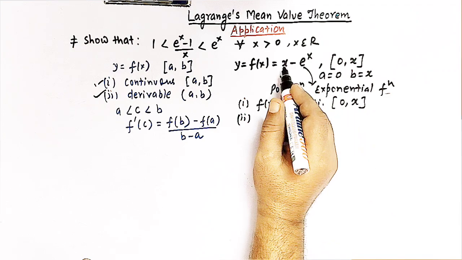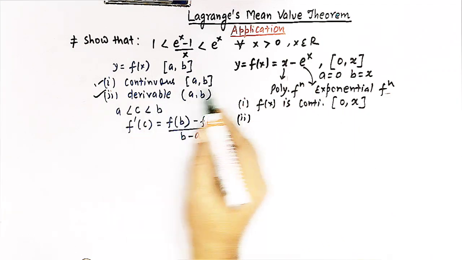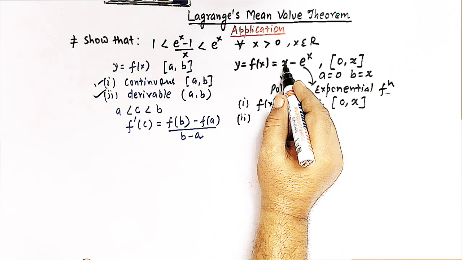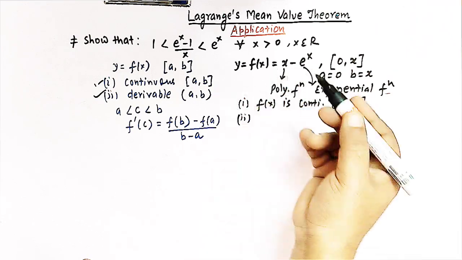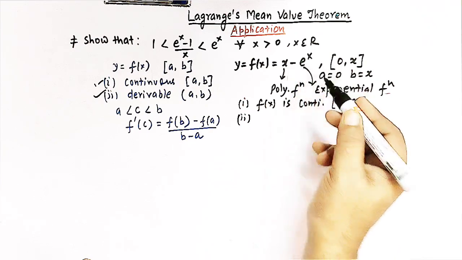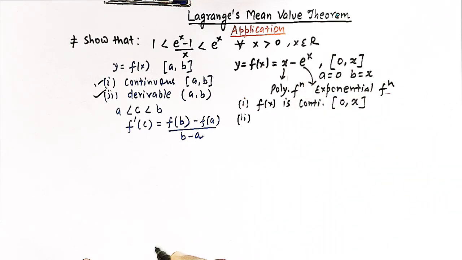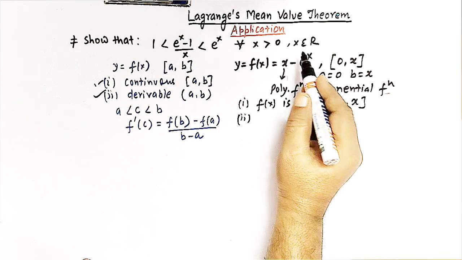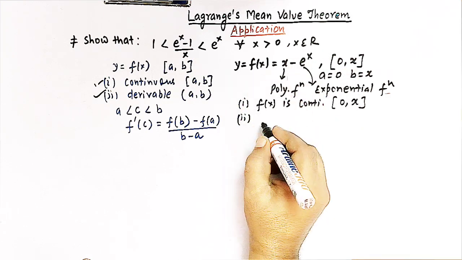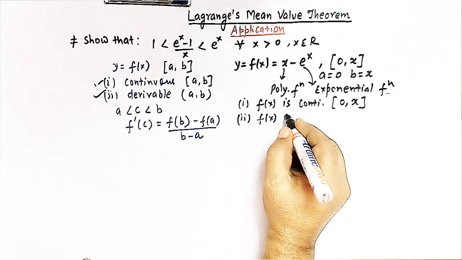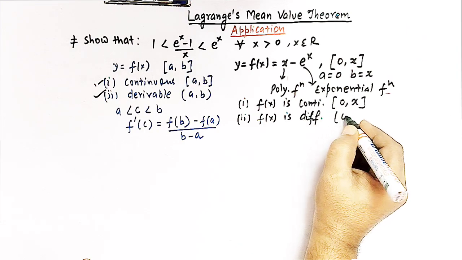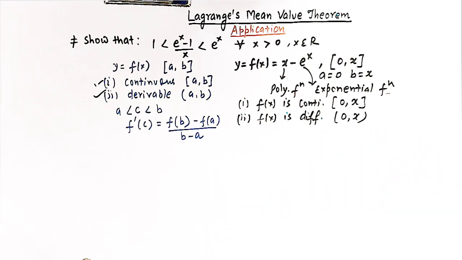Now similarly we can prove the differentiability of this function f of x. The polynomial function x is differentiable for all values of x belonging to R, and e raised to x is also a differentiable function for all values of x belonging to R. So this function f of x is also differentiable in the interval 0 comma x.